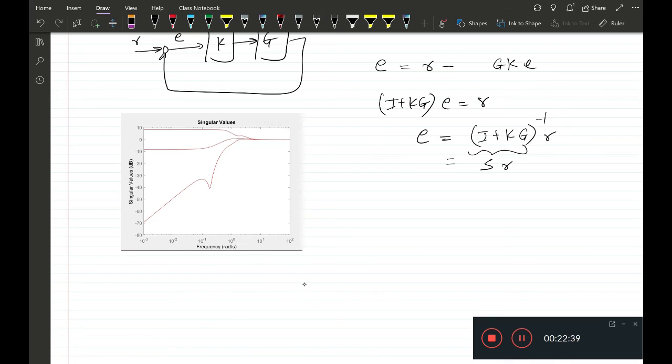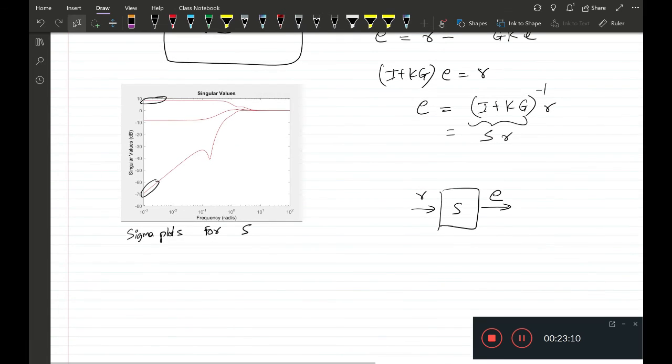So here you see now the sigma plots for S, and remember that S is the transfer function from R to E. Now note that the difference between sigma max and sigma min for low frequencies is huge for this example, which means that along some directions, so let's write this as follows.